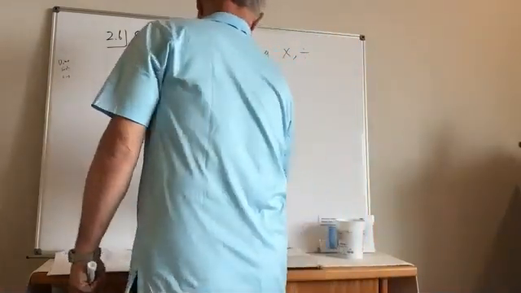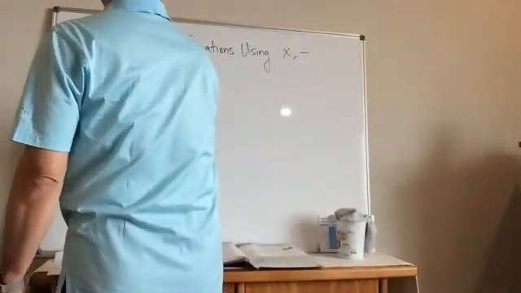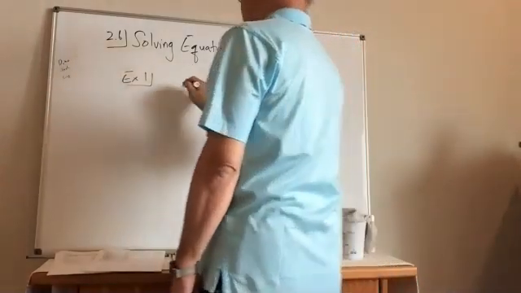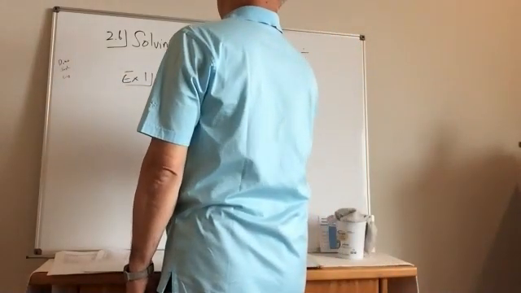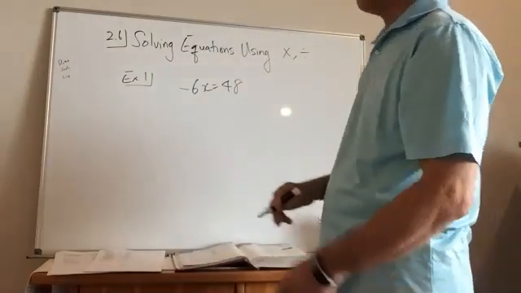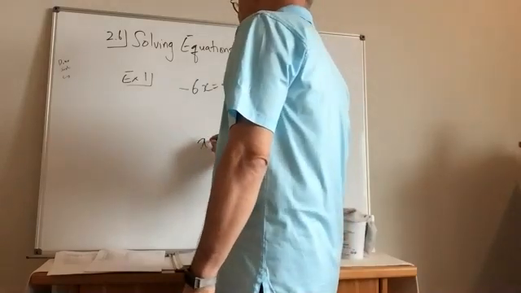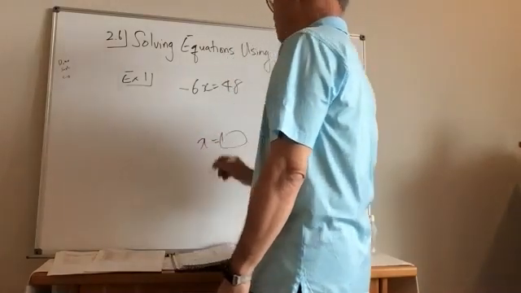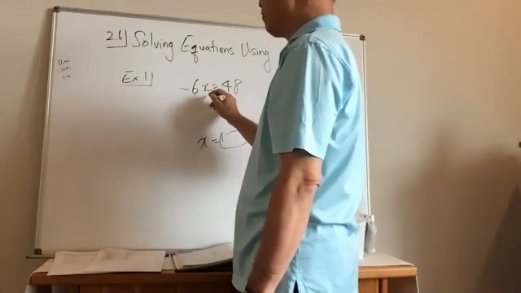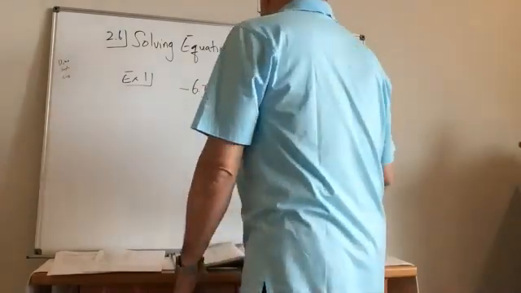So let's see if we can do the examples and see if we make this work. Let's go to example number 1. I have negative 6x is equal to 48. Again, my whole goal here is to end up with x is equal to something, right? I want to isolate the x by itself. So what do I have in front of the x? The negative 6.